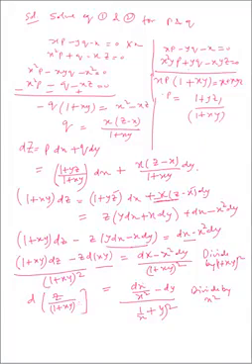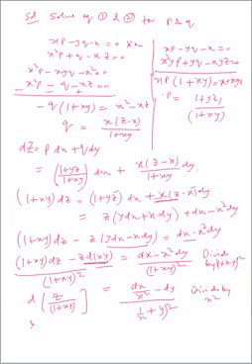Denominator square, then denominator and differentiation of z is dz minus z into differentiation of 1 plus xy, so differentiation of 1 plus xy is equal to differentiation of xy.